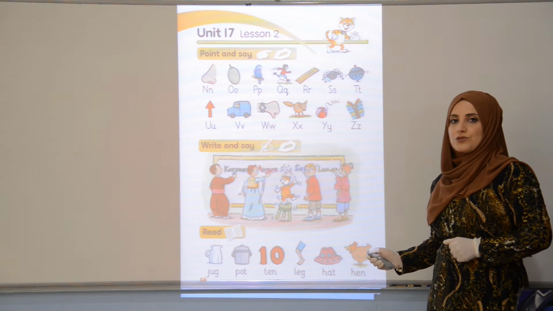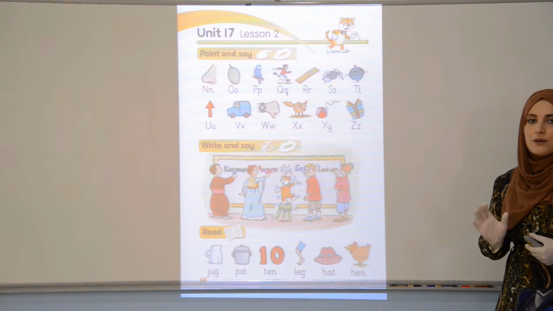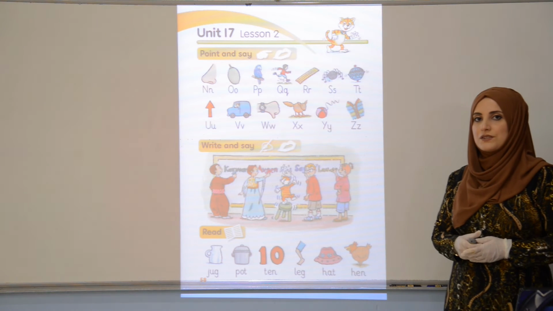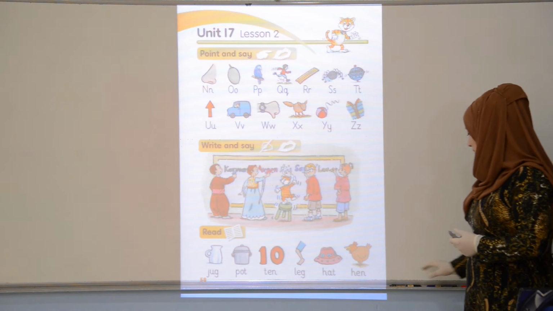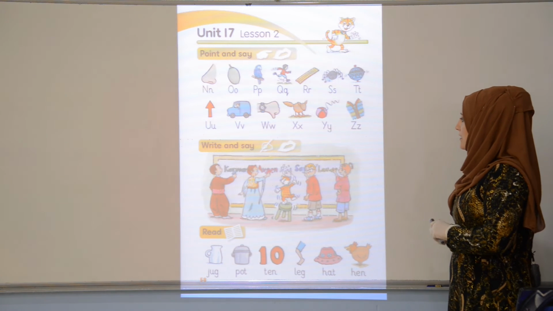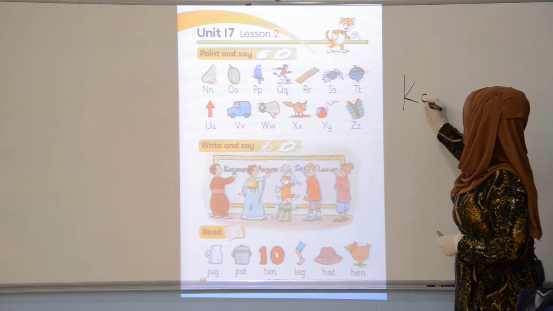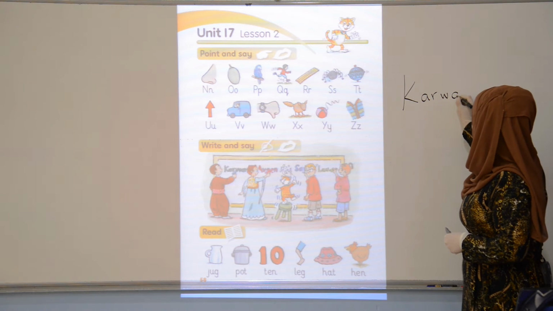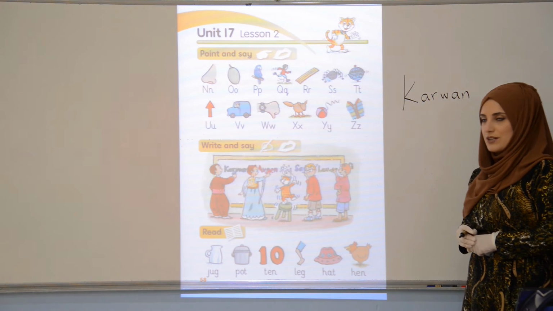Okay, students, I want to remind you that when you are writing your names, you have to start with capital letters, using the capital letter for the first letter, okay? For example, we have Karwan writing capital K, Karwan, and don't write it with a small k for the names, okay, students?